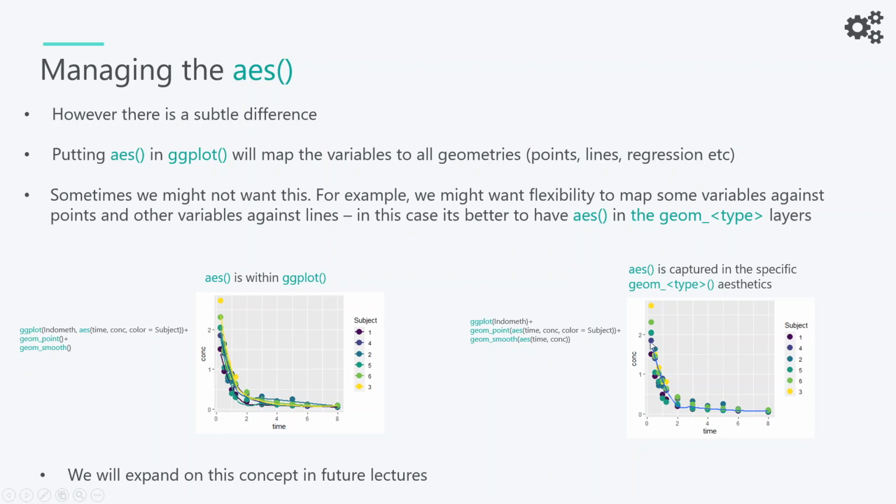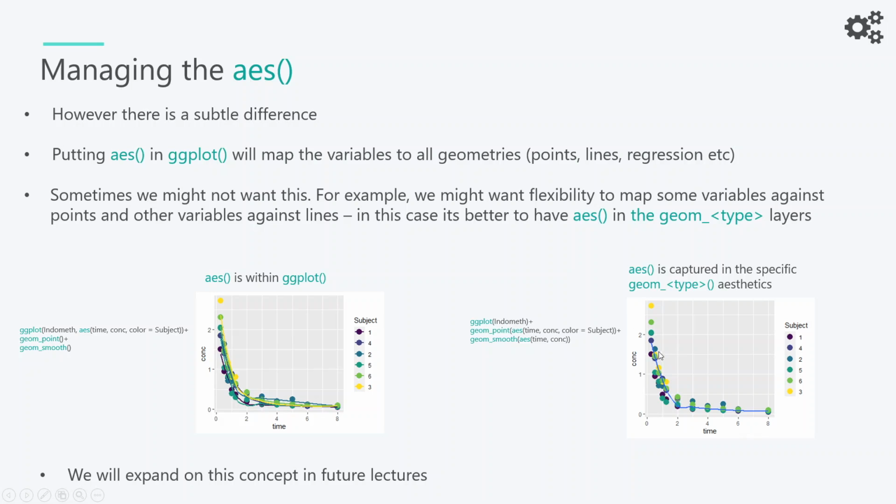For example, I actually just might want this type of graph here, where certainly for the points geometry, I do want all three variables captured. I want to have color coding my points based on subject, and the x-axis on time, and the y-axis on concentration.